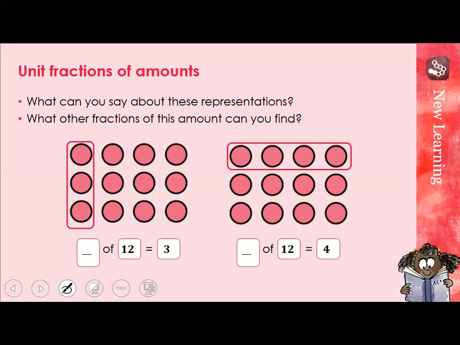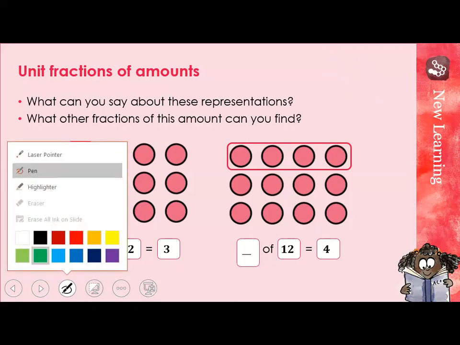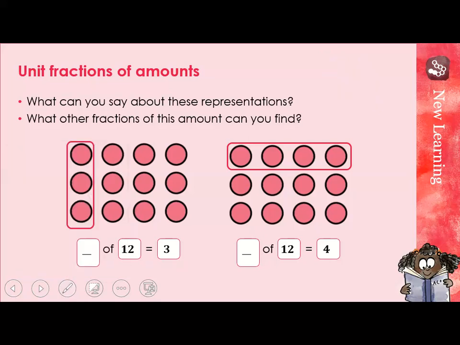Now, sometimes when we're doing our own diagrams, we might have 12 and just go 1, 2, 3, 4, 5, 6, 7, 8, and all over the place, okay? That's not what we're doing at the moment. What we are doing is looking at these arrays. So let's try and find my pen. There we go.